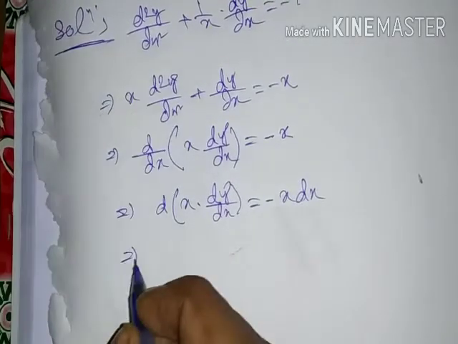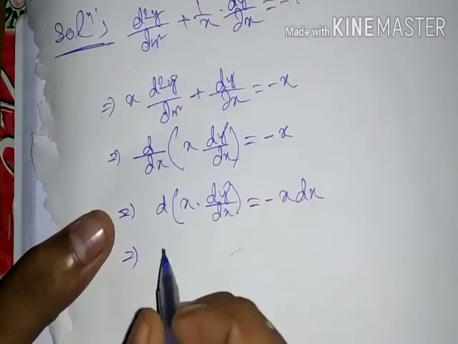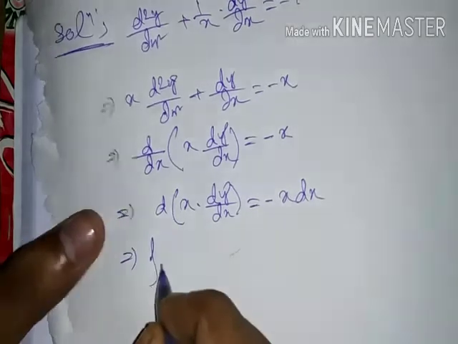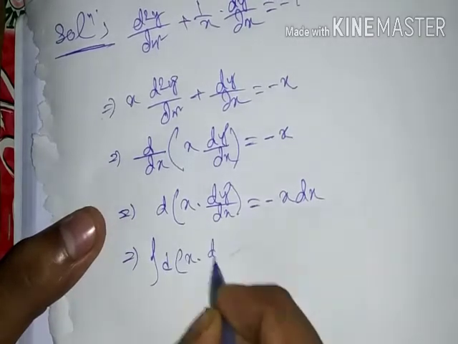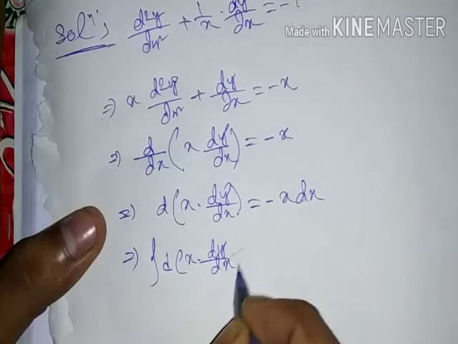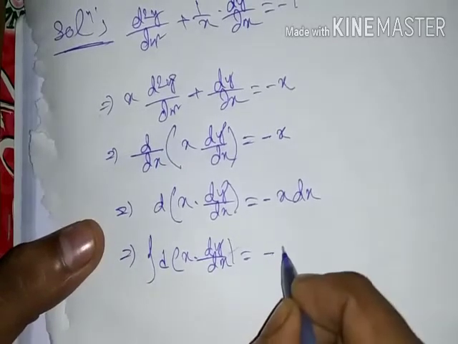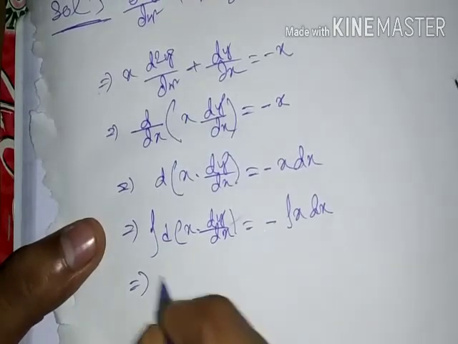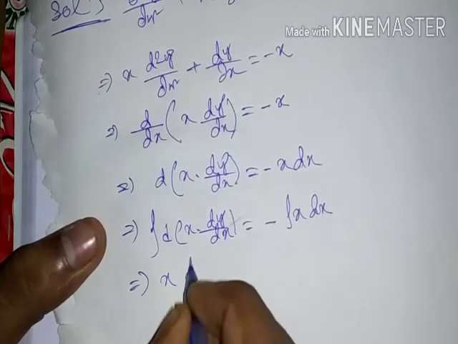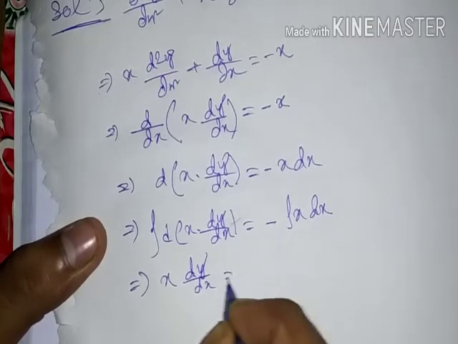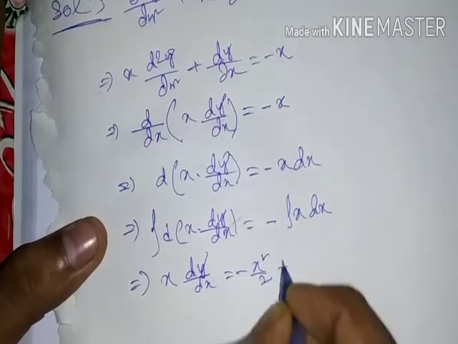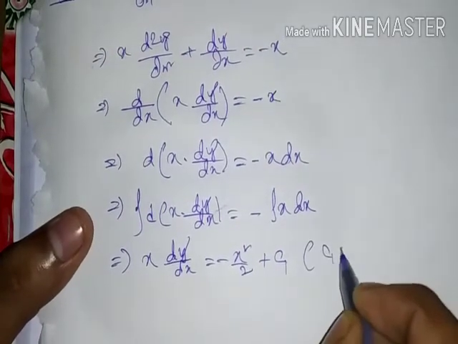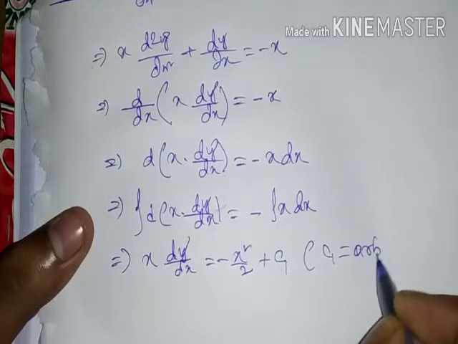Now we integrate both sides of this equation with respect to x. x into dy by dx equal to minus x into dx. Integrating, we get x dy by dx equal to minus x square by 2 plus c1, where c1 is an arbitrary constant.